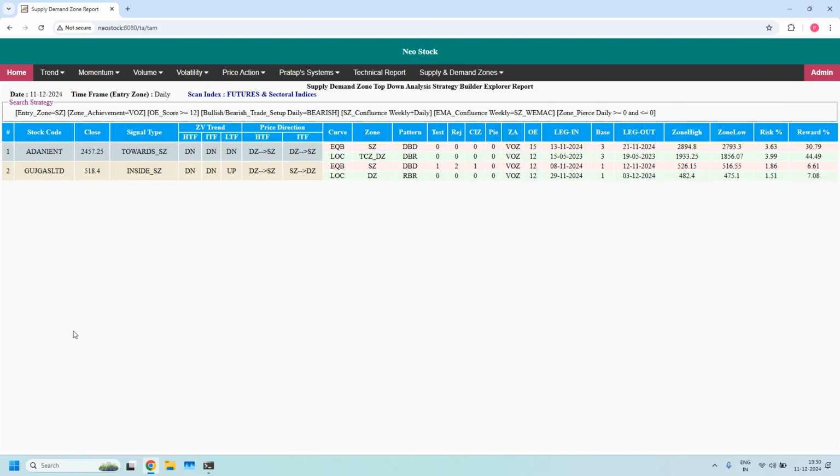These 2 are even more high probability trade setup supported daily supply zones. So this is based on LTF and ITF supply zone confluence and also weekly EMA confluence. Okay, next let us look for LTF, ITF, HTF supply zone confluence.